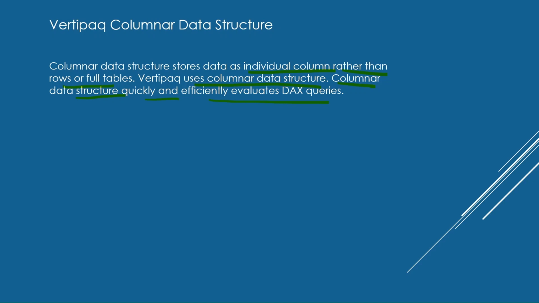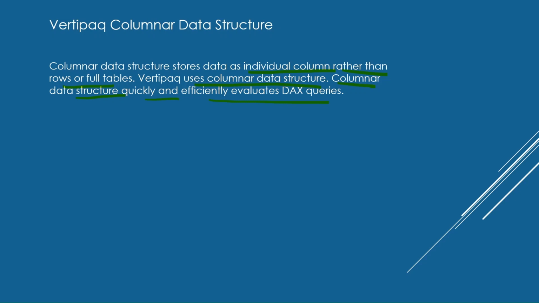The Vertipaq engine uses the Vertipaq columnar data structure. What will it do? It will store the data based on the column, so each column is stored separately. So once we calculate the total sales, the Vertipaq engine will take the sales column only.